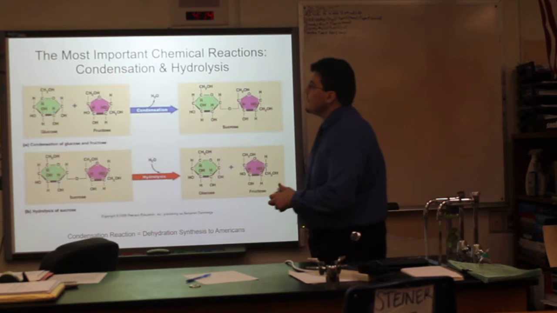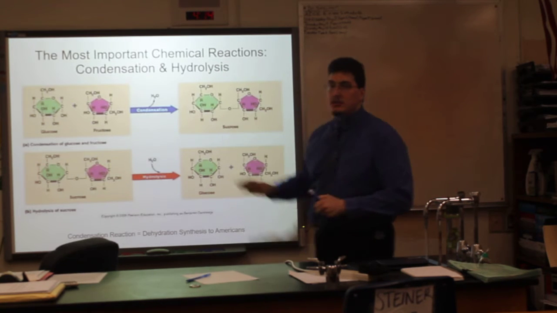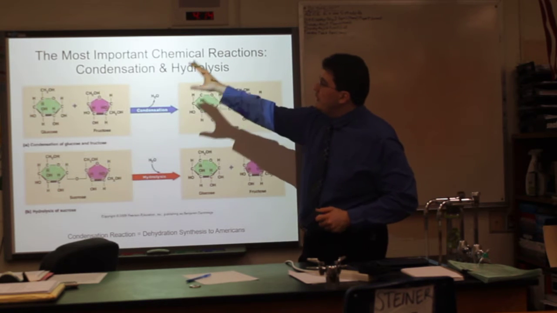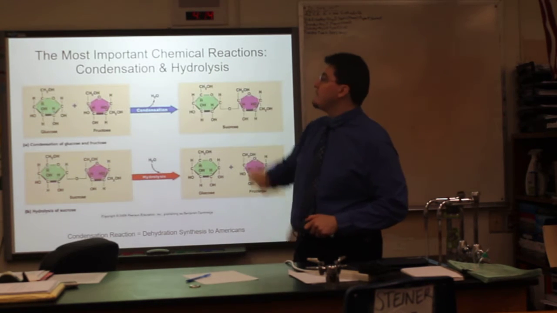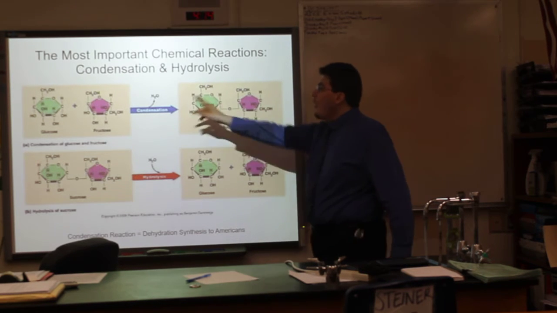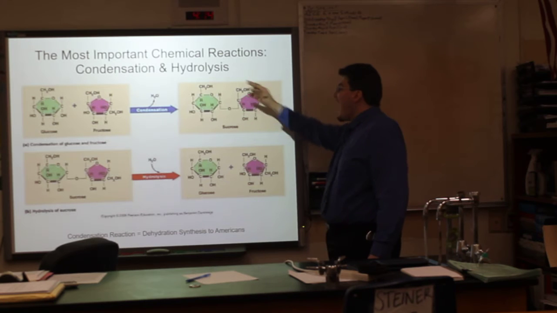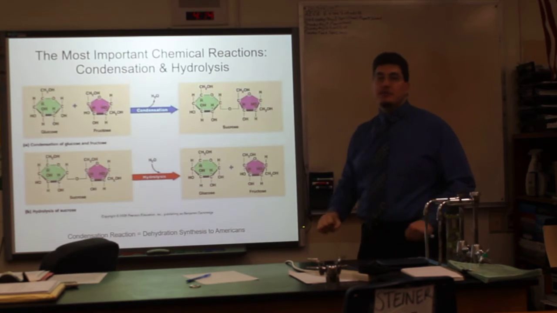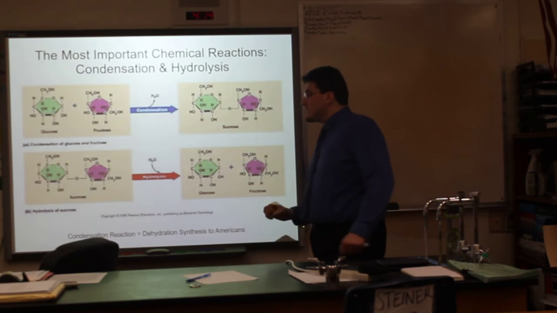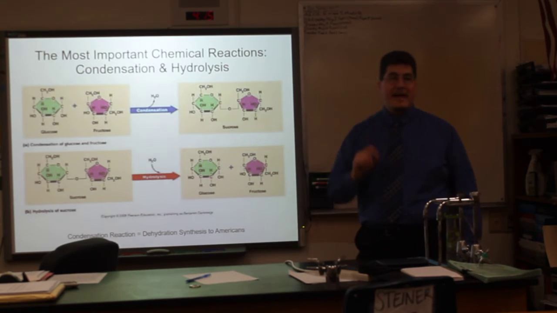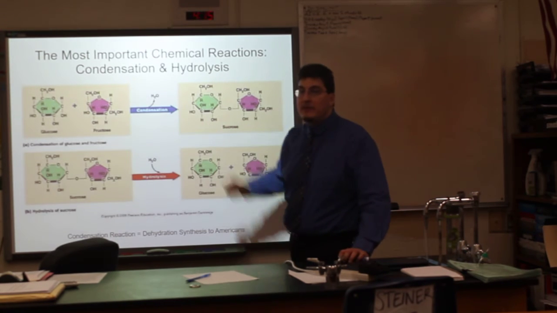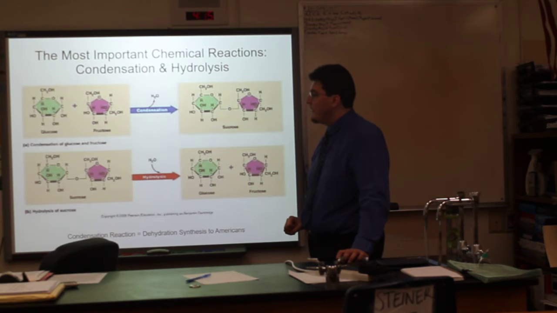So, in our condensation reaction, we have 2 sugars, 2 carbohydrates that undergo the condensation reaction. Water is removed, and a glycosidic bond will form. In our hydrolysis reaction, or our hydrolytic reaction, we will have 2 sugars that are bound together as a disaccharide.